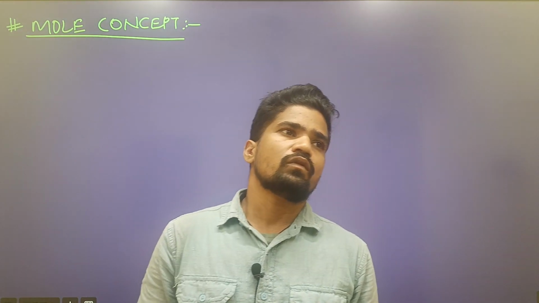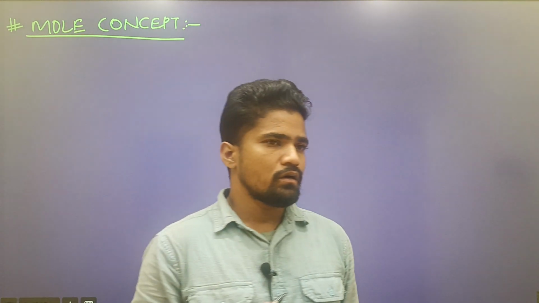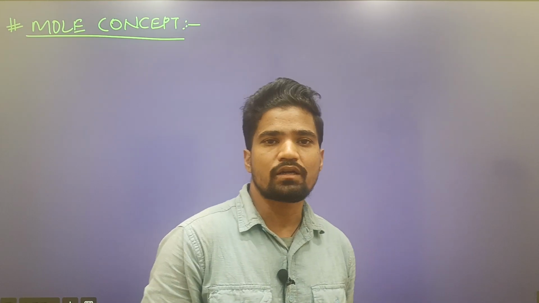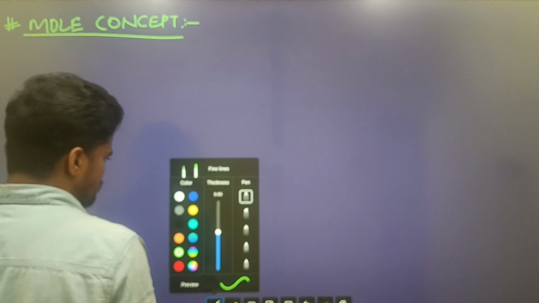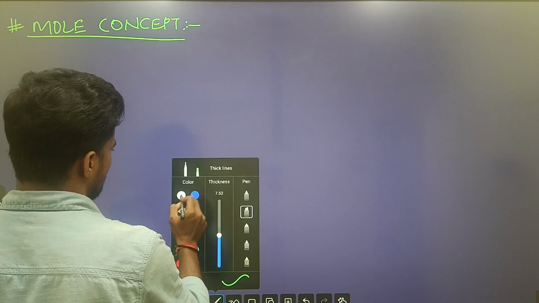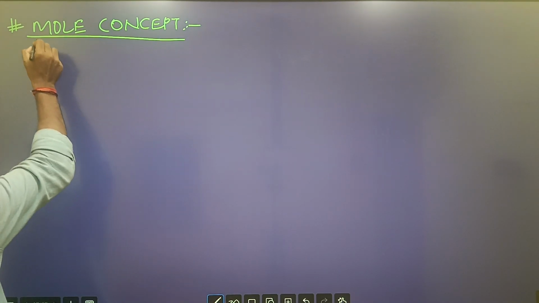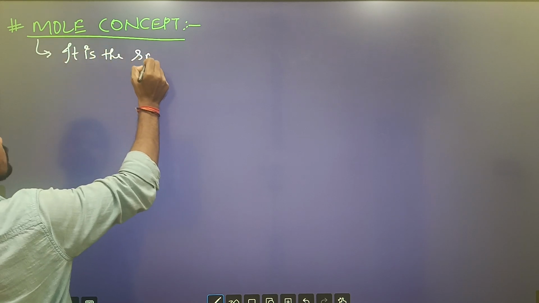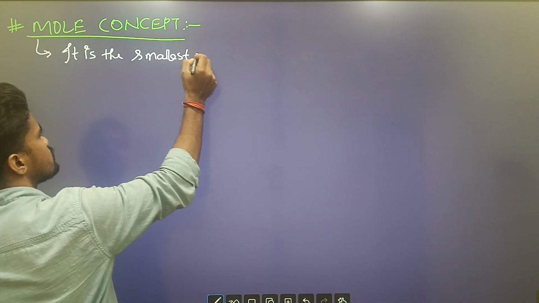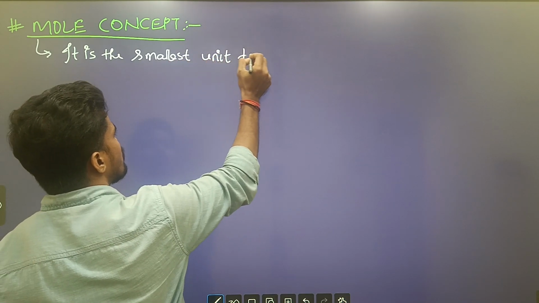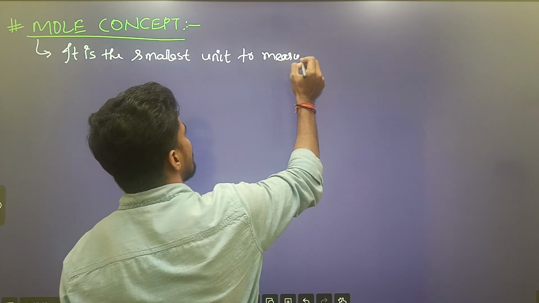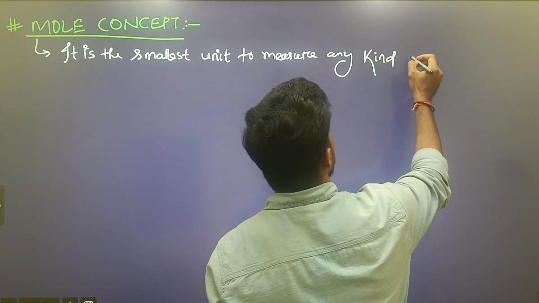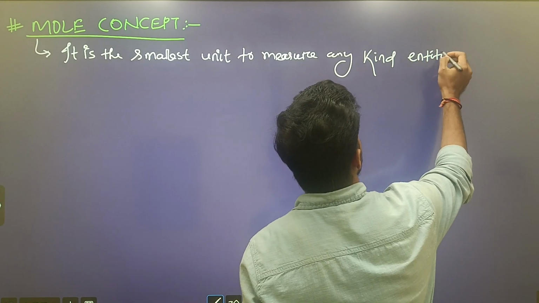One more example: in cricket, we say that Dhoni has scored a century. So century means what? 100. Century means 100. So mole is the smallest unit to measure any kind of entities.